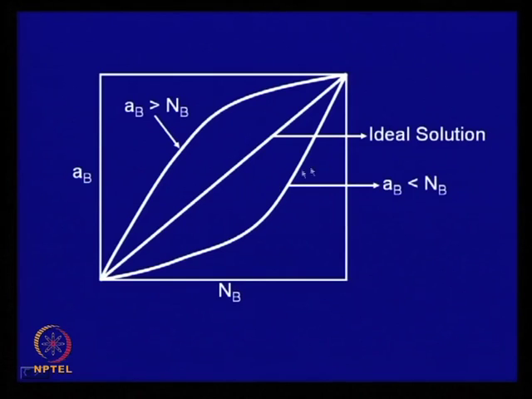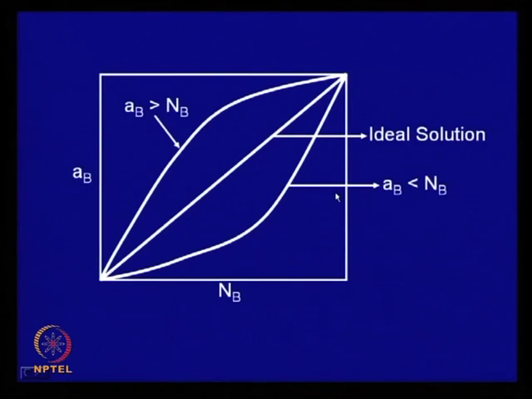So that means this is what is happening. In one case you have more like atoms than actual. If this is the composition, this should have been the atom fraction B, but actually you have more atom fraction B surrounding a B atom, whereas in the other extreme case you have a smaller atom fraction B surrounding a B atom.